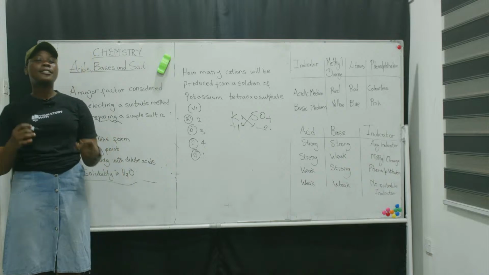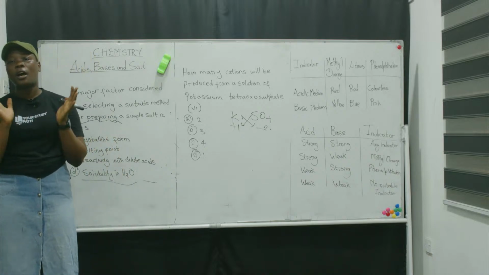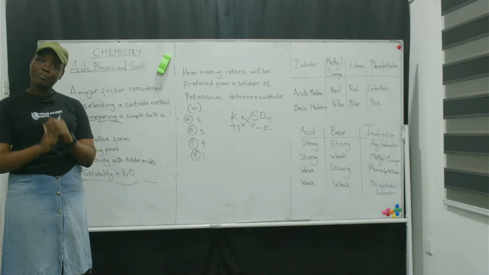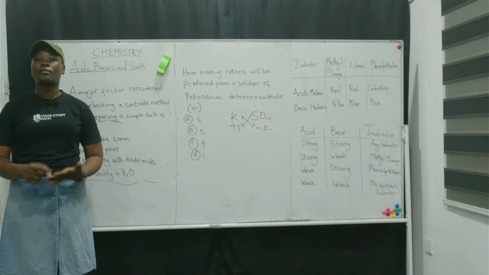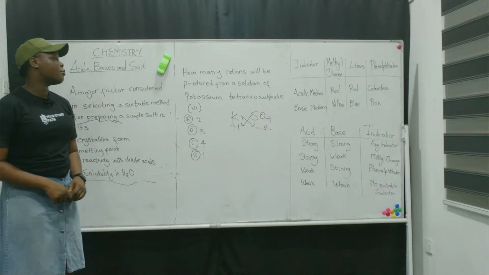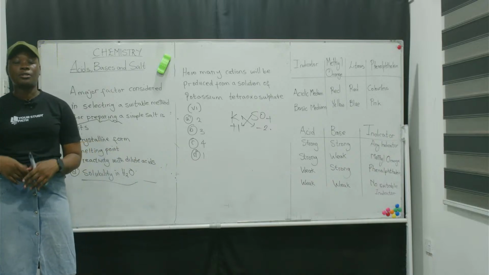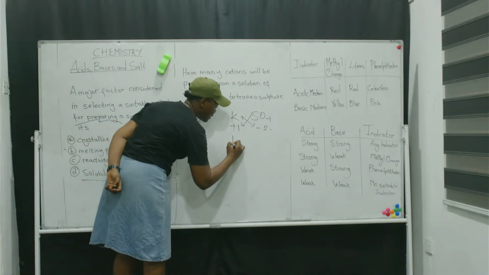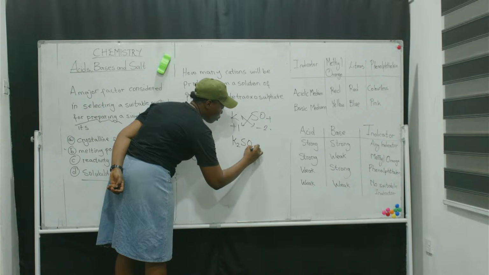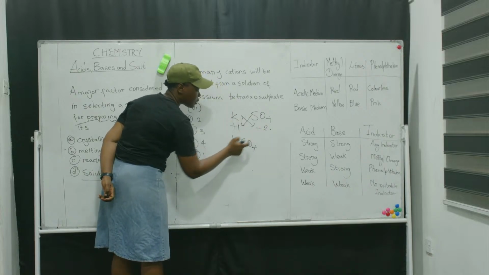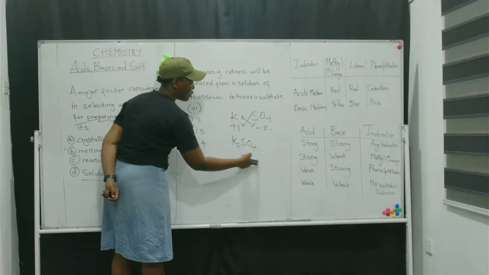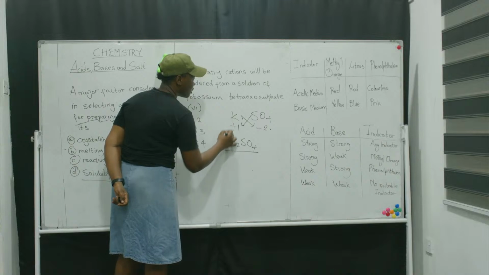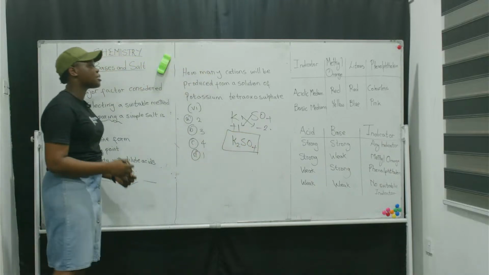If you are not still very confident in that aspect, please check out the video in the file. I'm sure you have access to the videos, so just go through it again. So when I write this, I write it as K2SO4, because this will take the charge of this, and this will take the charge of this. The 1 I don't need to write. So this is potassium tetraoxosulfate 6.